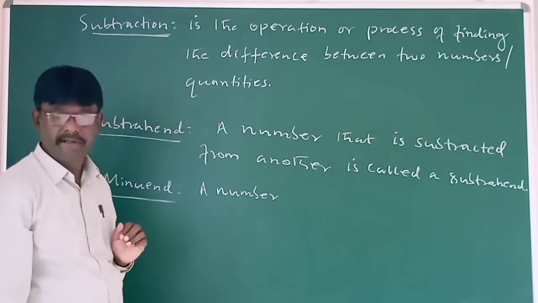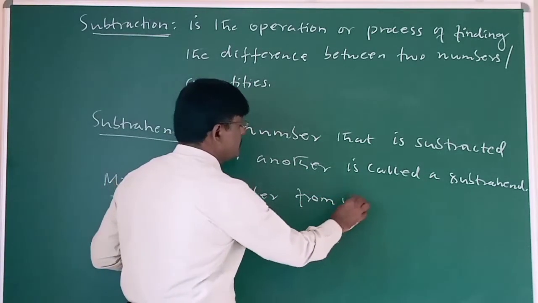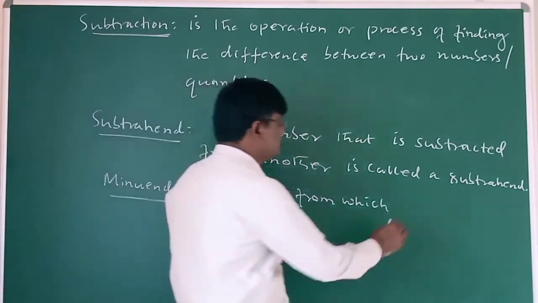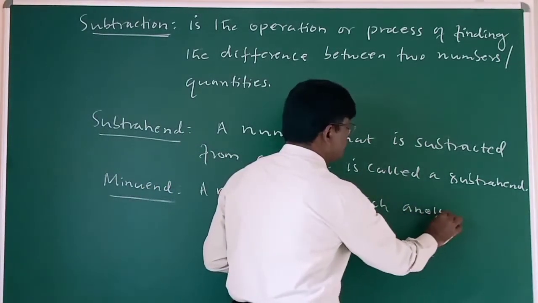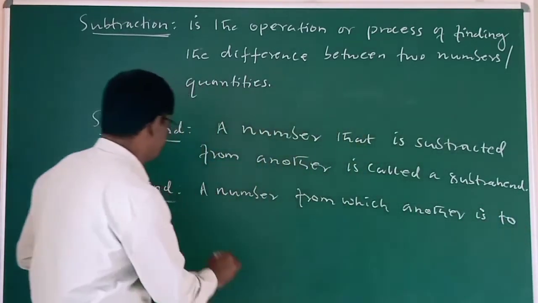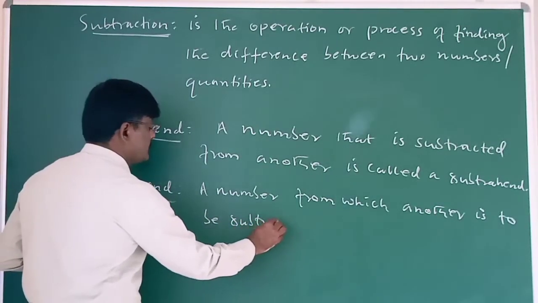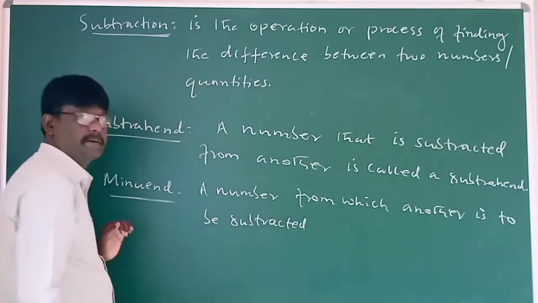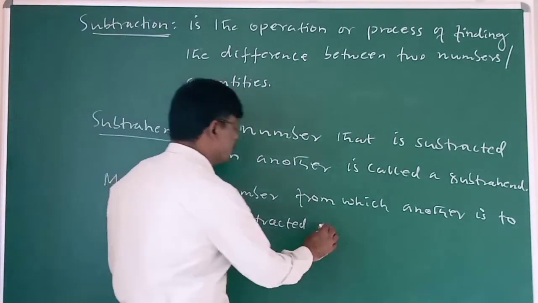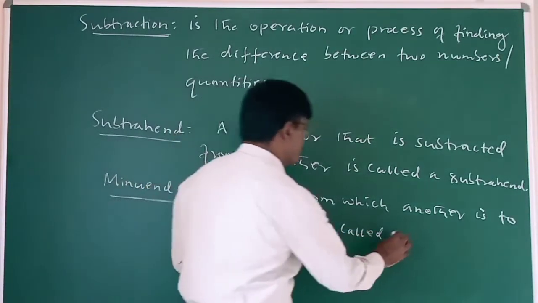A number from which another is to be subtracted is called the minuend.